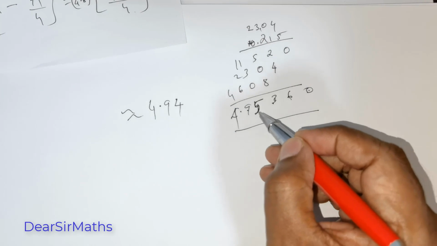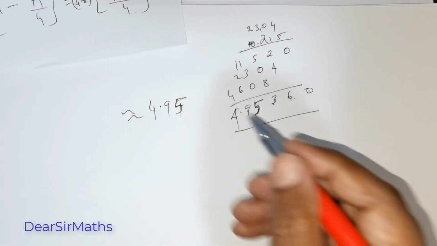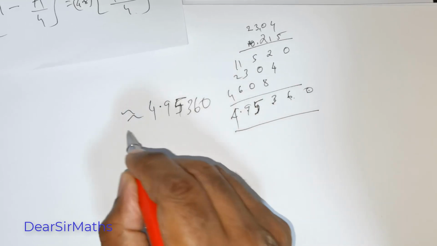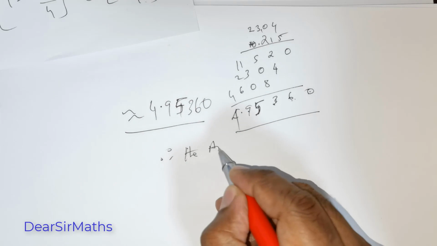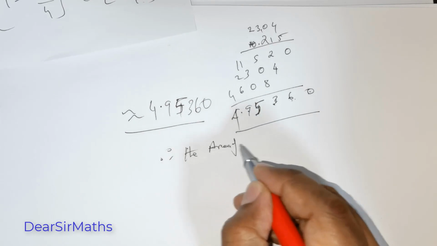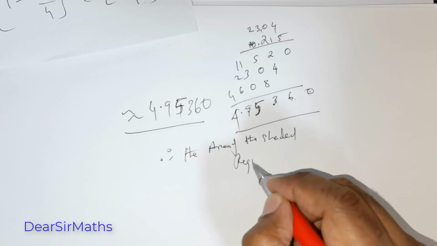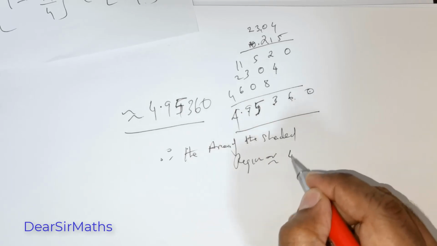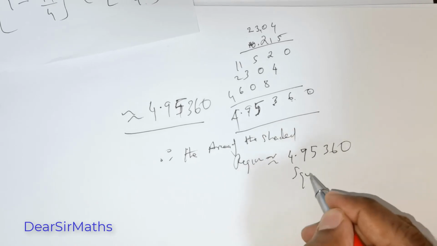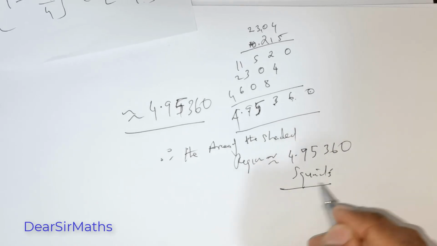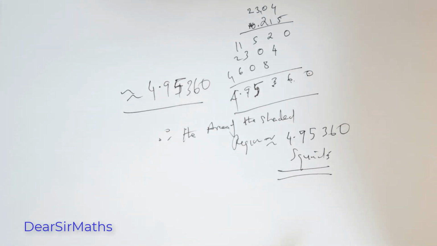So 4.9536, so 4.95360. So therefore the area of the shaded region is approximately 4.95360 square units. So that is the end of this particular question.